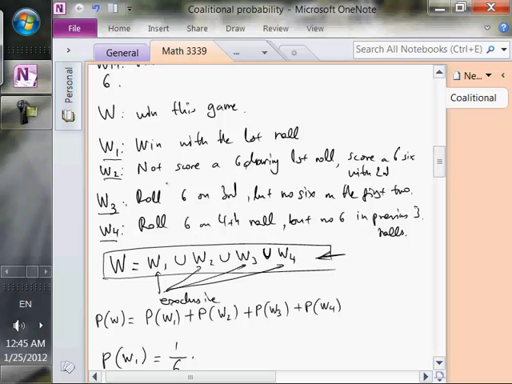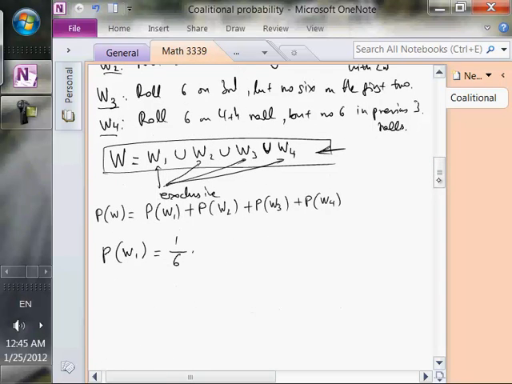We say it here: not score a 6 during the first roll, but score a 6 during the second. That comma here is essentially but or and. So let's write P of W2 is the probability of not rolling a 6 during the first time and rolling a 6 in the second roll.